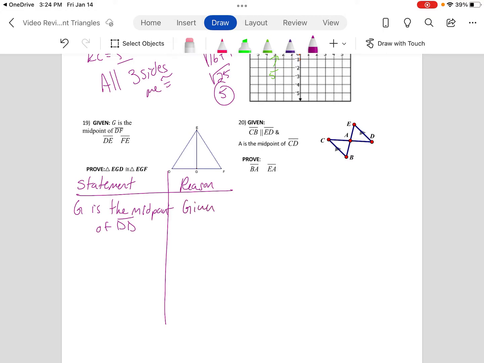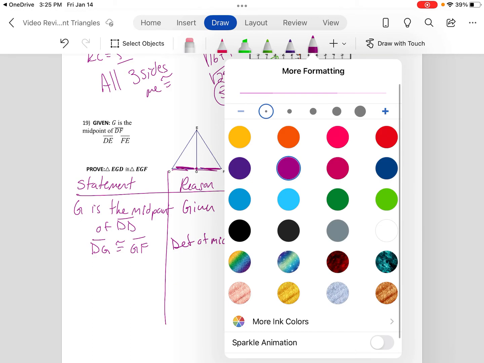I can't mark anything congruent because I haven't said anything congruent, but if G is the midpoint, then I know DG must be congruent to GF. That is by definition of midpoint. So I'm going to mark this side and this side congruent.